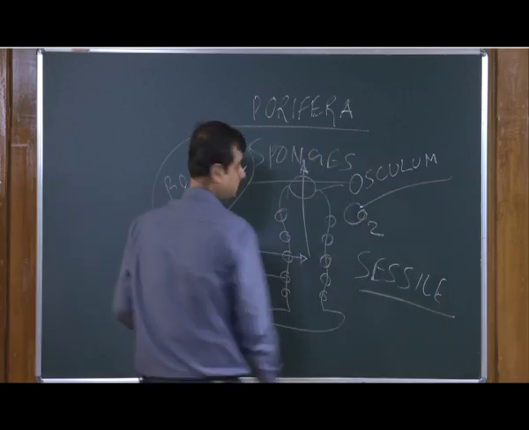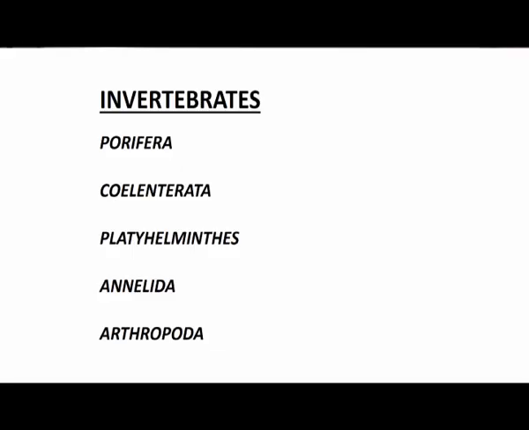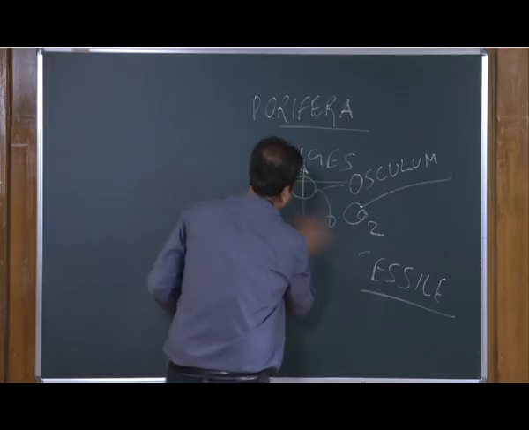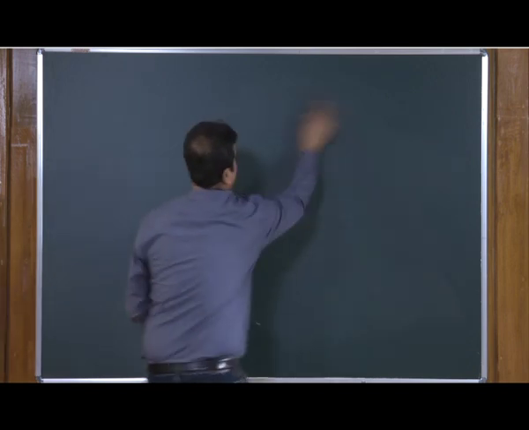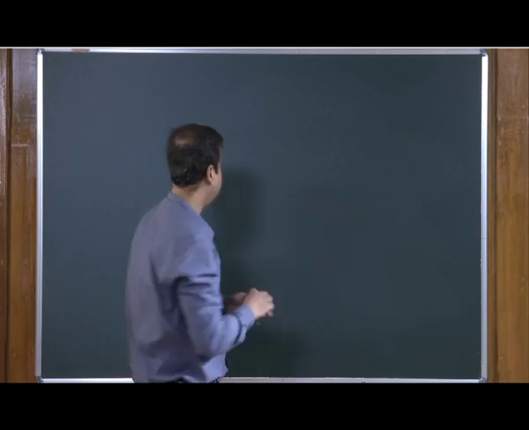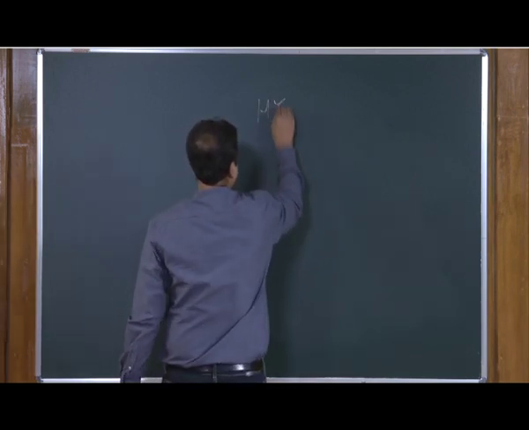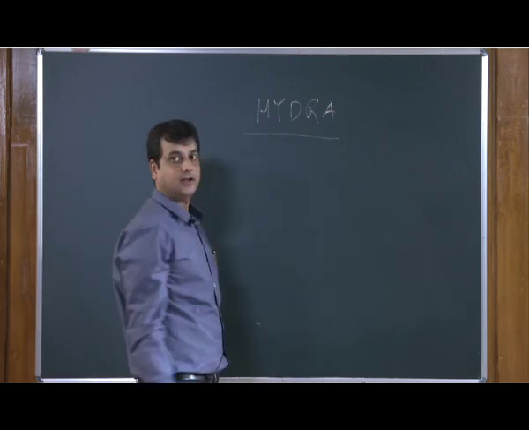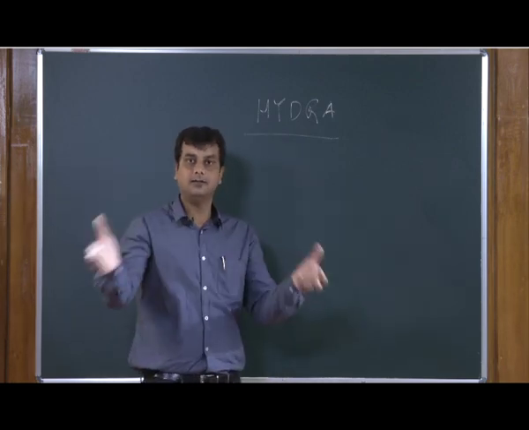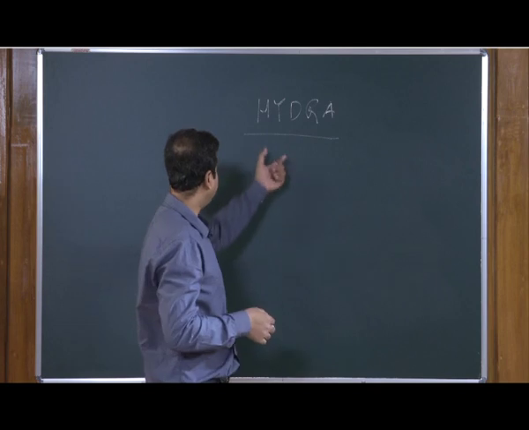Next in the slide is Coelenterata. In Coelenterata we have an ideal example, and this ideal example is Hydra. The phylum Coelenterata comprises many organisms, and one such organism is called Hydra.